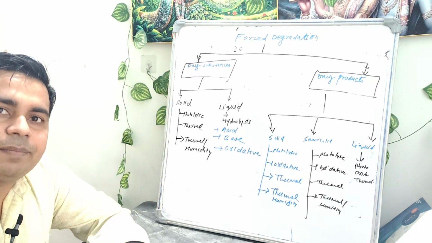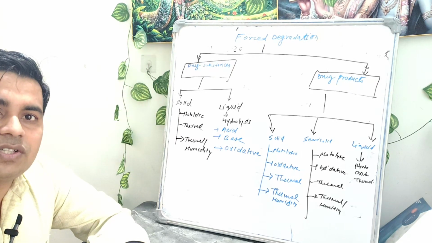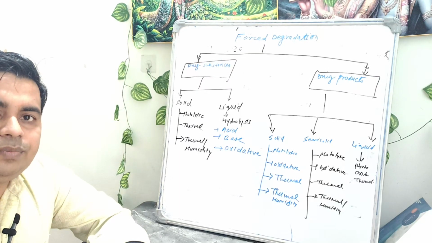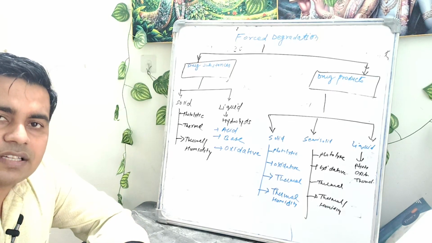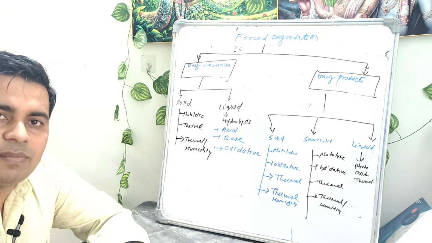Now our sample is mainly divided into three phases: liquid, solid, and semi-solid. So we are going to perform the forced degradation in both conditions, drug substances and drug product. Hope you all know about drug substances and drug product.